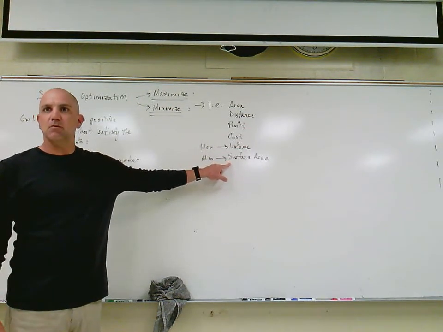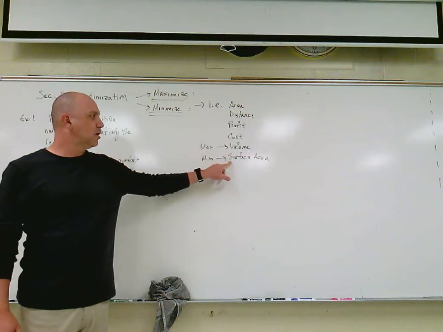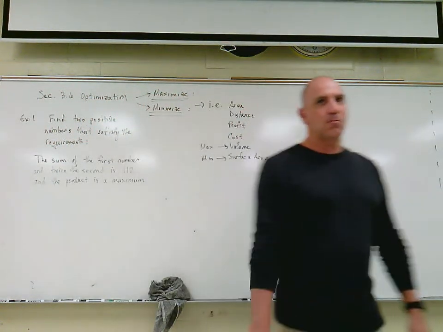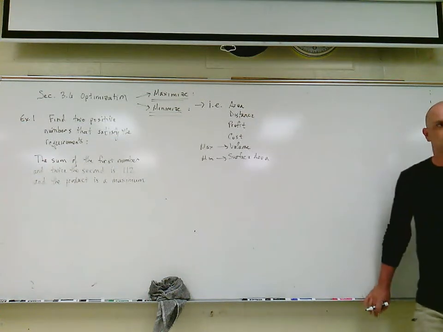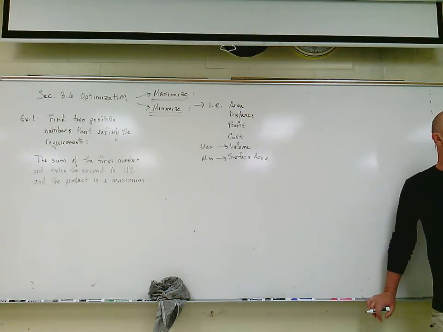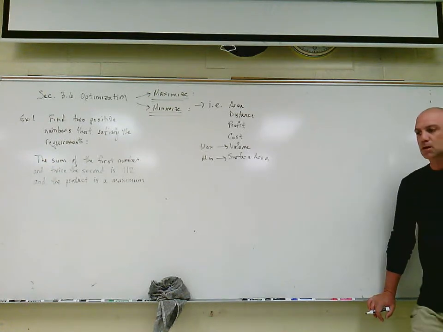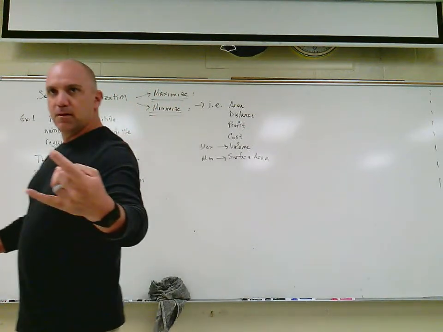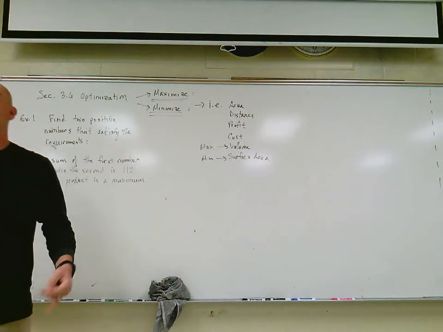So for instance, if you're wanting to paint something, you're painting the surface area. The larger the surface area, the more paint you have to use. The other way, just think of the material that it costs to make that surface area. Maybe you're trying to design a tank to hold extra gasoline for a jet.